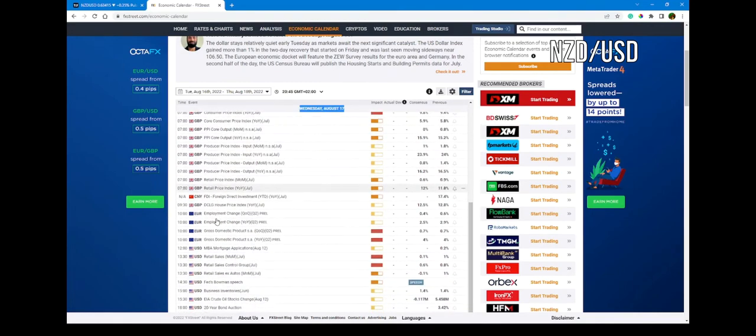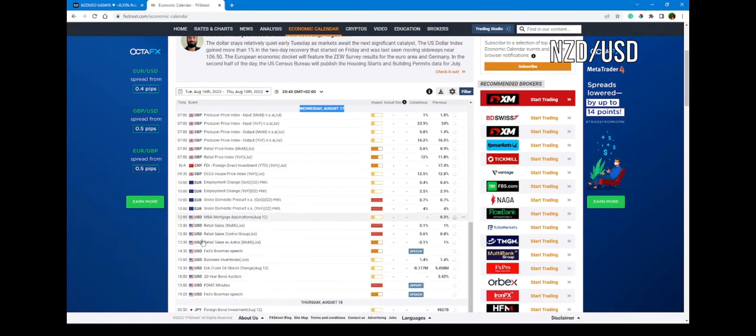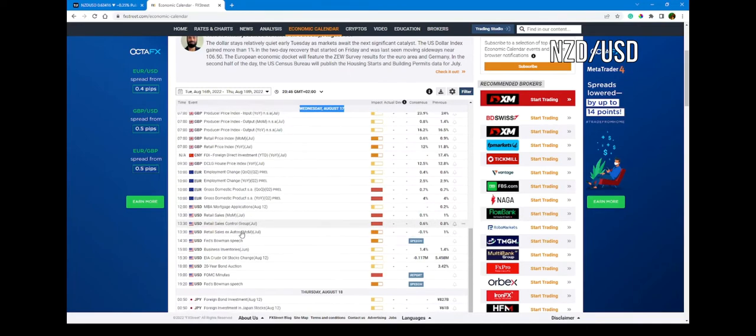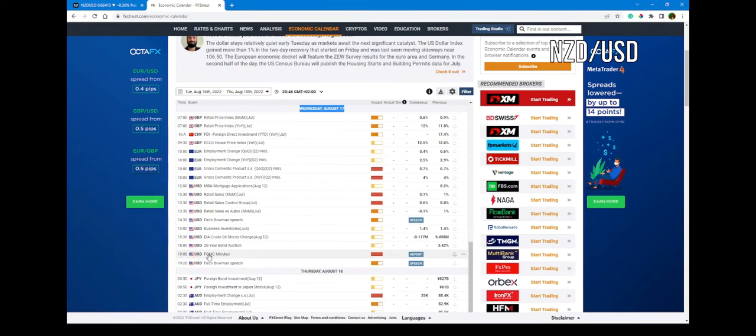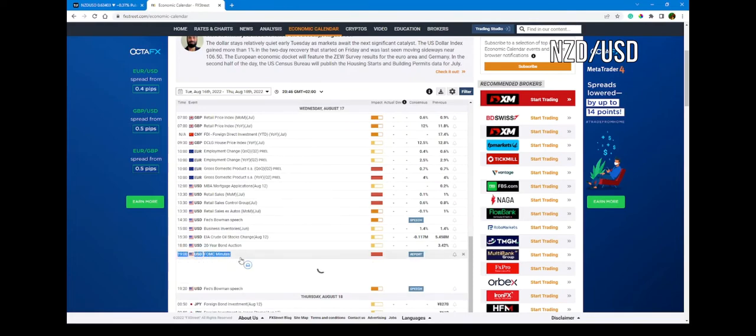And if we go on the USD front, we are going to look at that tomorrow. We are going to have retail sales. That is going to be very important for tomorrow. And what is the most important news is the FOMC that is going to be during the evening.